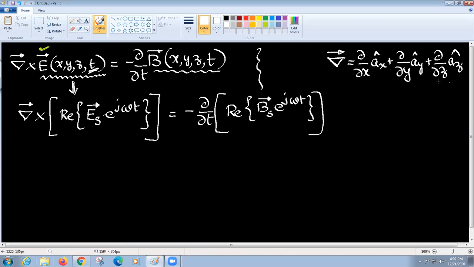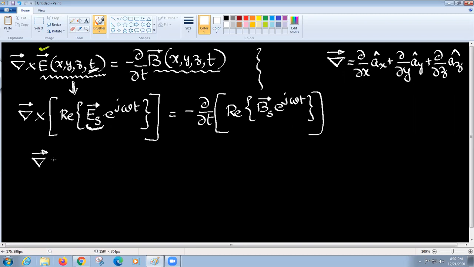There is no time stuff here on the right hand side. So this ES is spatial dependent stuff, and you have e power j omega t. So there is nothing to do with this, yes or not? So therefore, now what I can do is this.